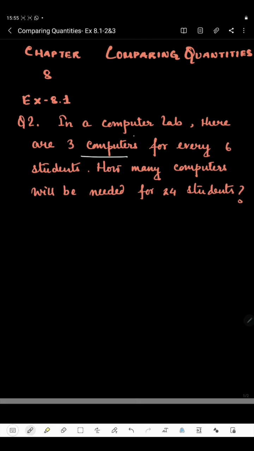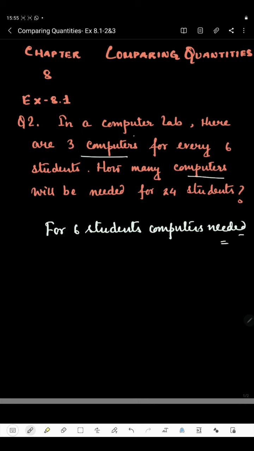Okay, so we will find this by the unitary method, and in the unitary method we find for 1. Like here we have 3 computers for 6 students, so we have to find the computers. So we'll write, for 6 students, computers needed is 3.